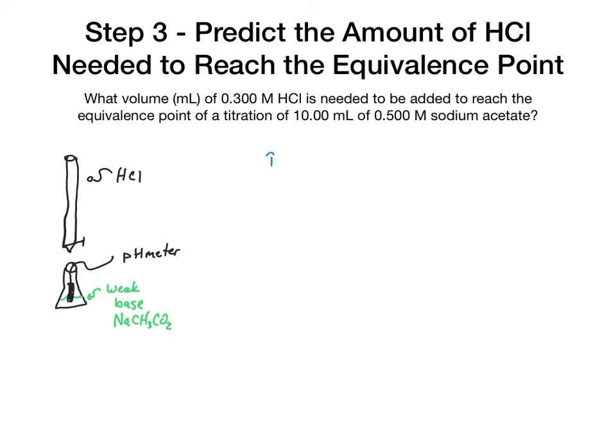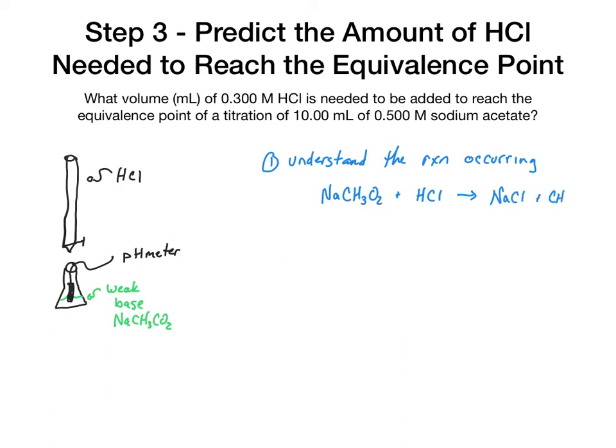And so the first thing that we need to do is understand the reaction occurring. In this case, we have sodium acetate plus HCl forming sodium chloride plus acetic acid.